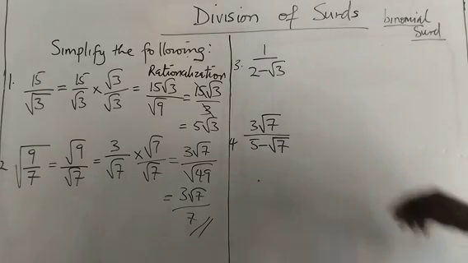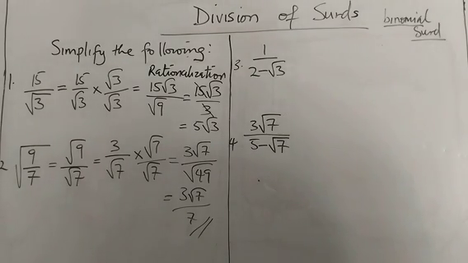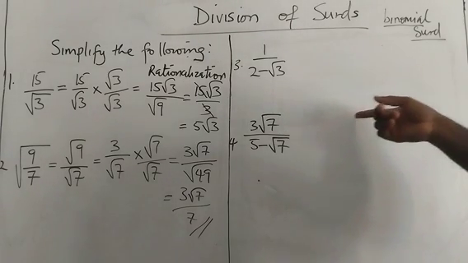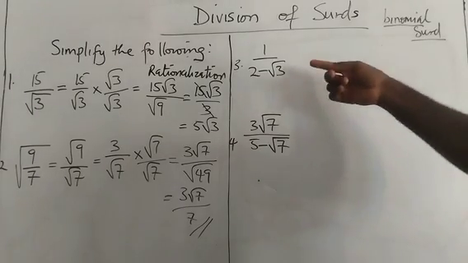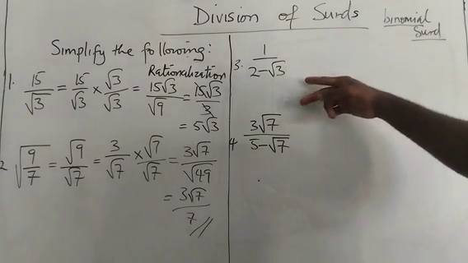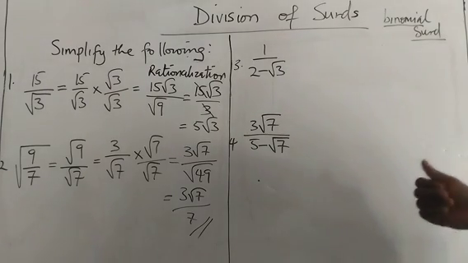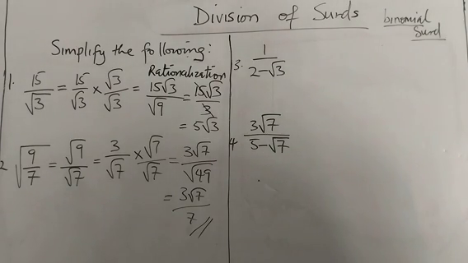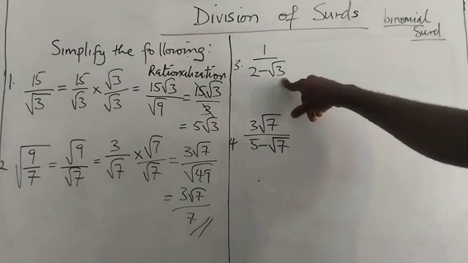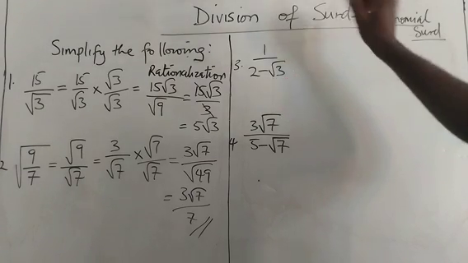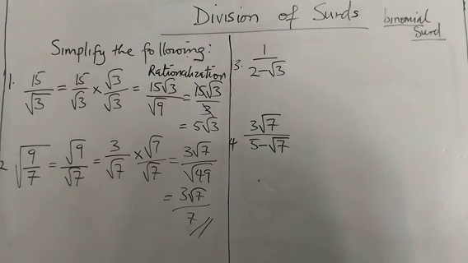Now, when you have this type of situation, how do you simplify it? You need to rationalize as well. This time, you will bring what we'll call conjugate of the binomial surd. What do you mean by conjugate? It looks like the binomial surd, but the difference is in the sign.